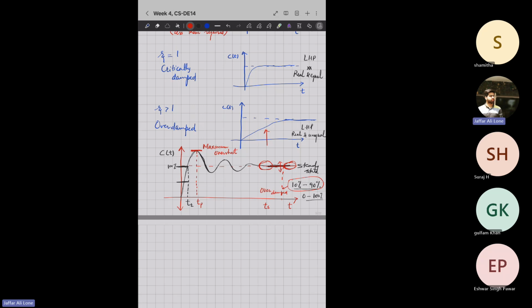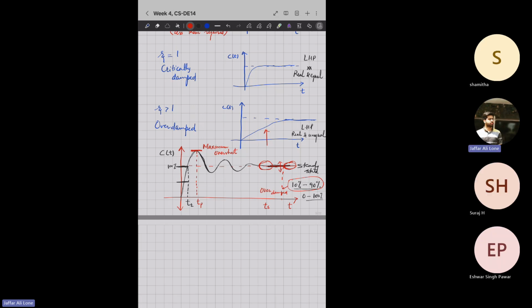For example, if I have a system where my rise time is 2 seconds, and another system where my rise time is 10 seconds, it means the system with a rise time of 10 seconds is sluggish, that is slow. But the system with a rise time of 2 seconds, compared to the one with 10 seconds, is very fast. So if you want your system to respond very quickly to your input, you should have less rise time.